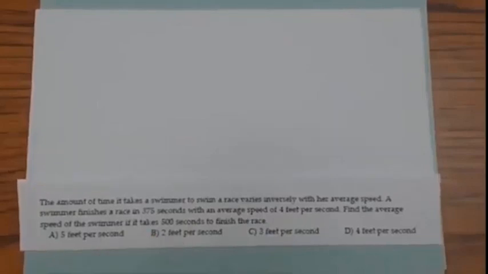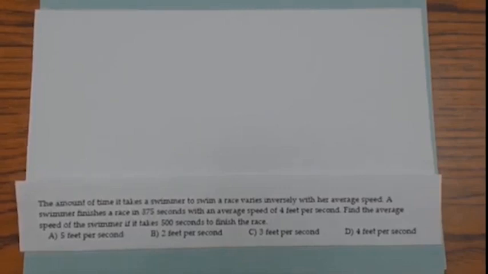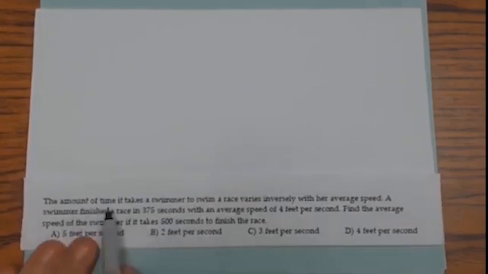The amount of time it takes a swimmer to swim a race varies inversely with her average speed. A swimmer finishes a race in 375 seconds with an average speed of 4 feet per second. Find the average speed of the swimmer if it takes 500 seconds to finish the race. Okay, so time varies inversely with speed.